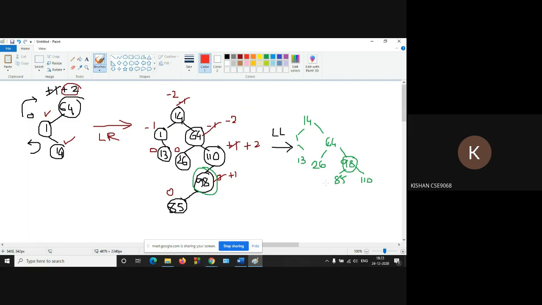Yes, sir, it is balanced. 85 is 0, 110 is 0, 98 is 0, 26 is 0, 64 is -1, 13 is 0, 1 is -1, and 14 is -1. So this is balanced. Only one LL rotation is enough in this case. Only one single LL rotation. Is it clear?